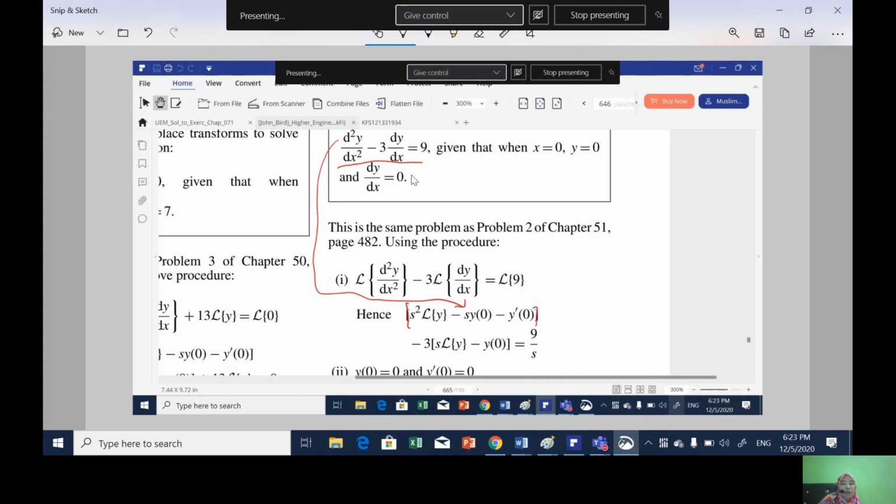Then the first ODE, dy/dx, will be here in this bracket. But remember, on the first order, we have to multiply with -3. Then for the right hand side, the transform for 9 gives us 9 over s. So this is an important step. Don't forget to write it down.